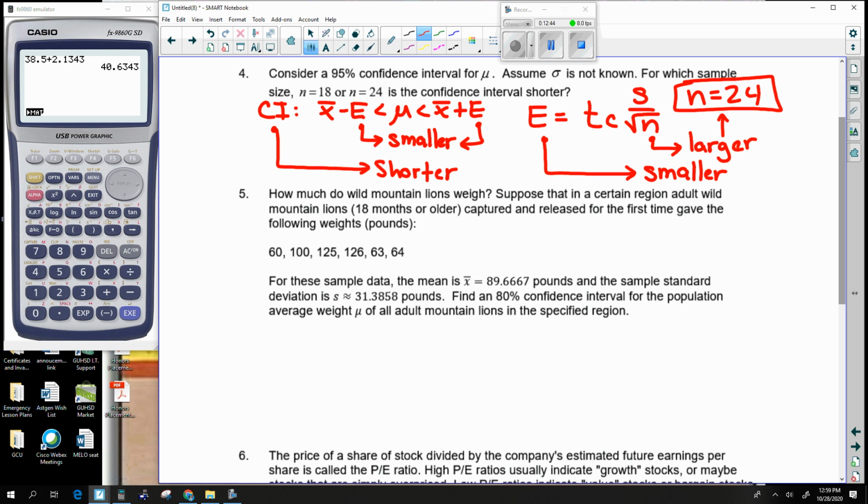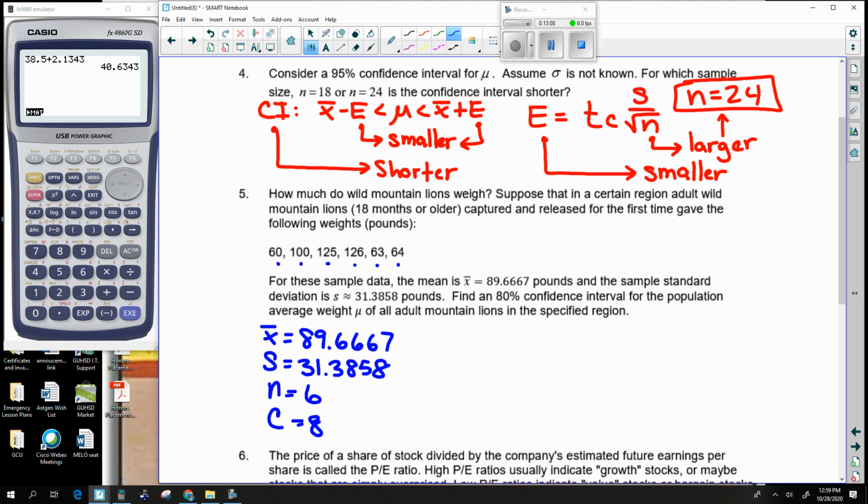Okay, on to the actual confidence intervals now. Here we have an average of 89.6667, standard deviation, that is an S, 31.3858, a sample size of 6, and a confidence of 80%. All right, because this is an S, I need to get a degree of freedom, which is N minus 1.